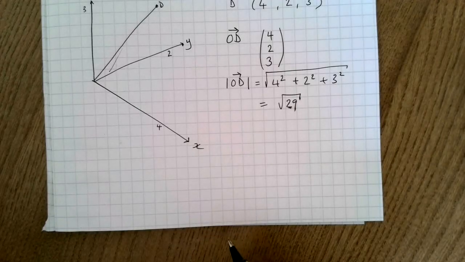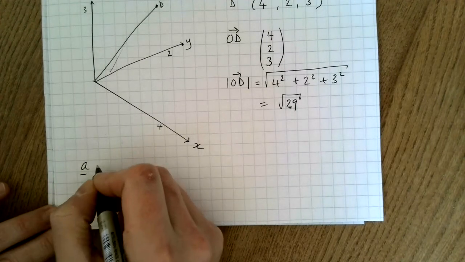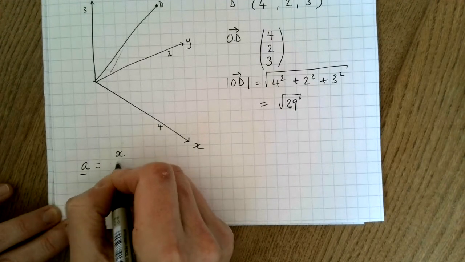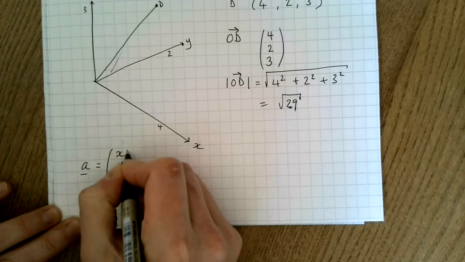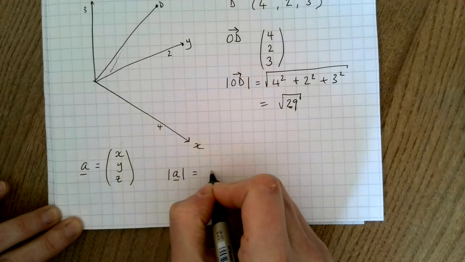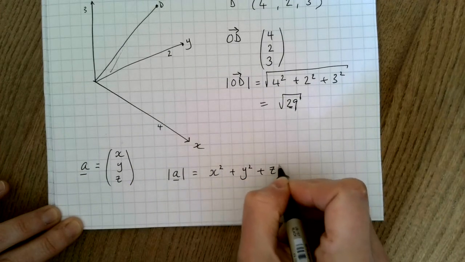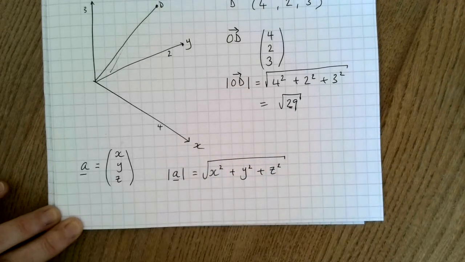So to generalise that, if we have a vector a, (x, y, z), then to find the magnitude of that vector, we would use x squared plus y squared plus z squared, square rooted.